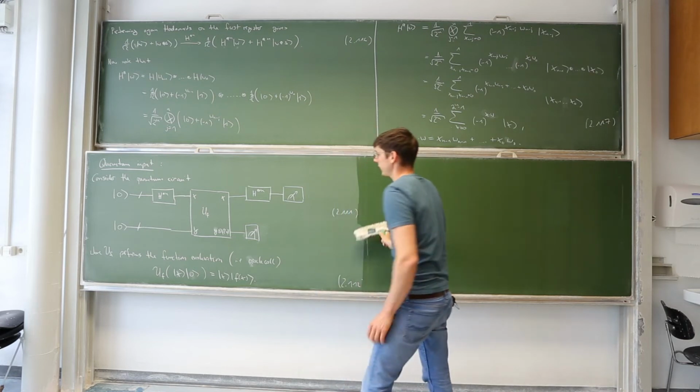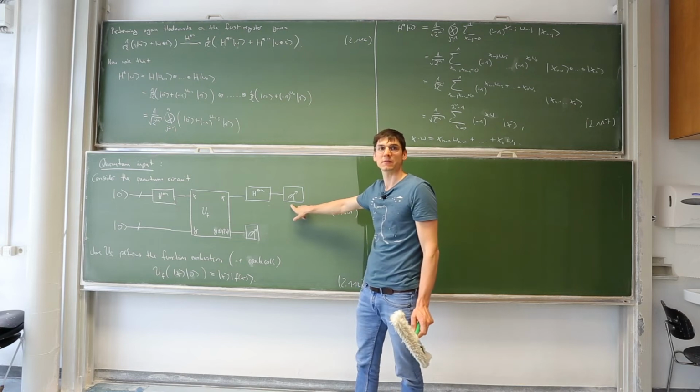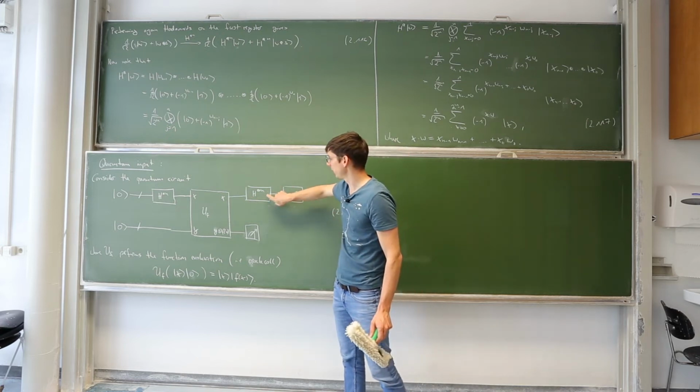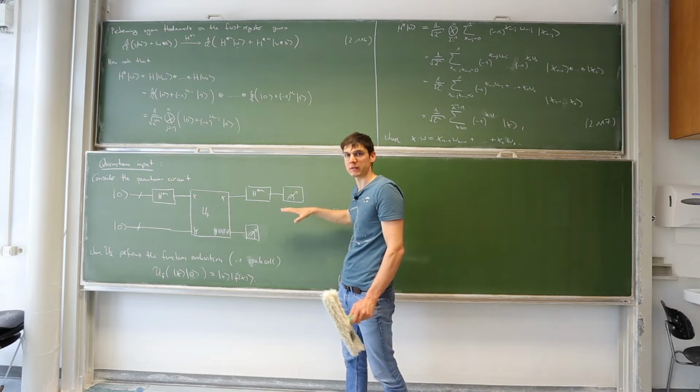Okay, I'm going to erase the circuit, and what's left is that we measure the first register, right? So we are now here calculating this Hadamard, and the only thing that's left is the measurement, right? So I'm going to erase the circuit now.